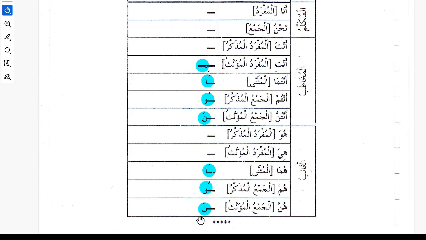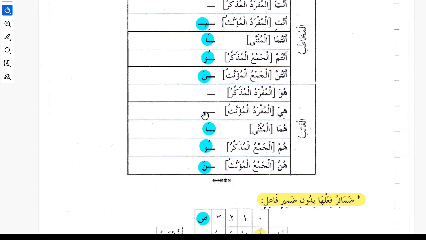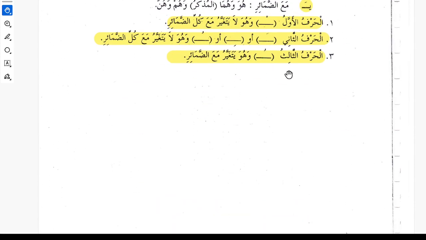So basically there are just four forms: ya, alif, waw, and noon. So now let's look at how the third letter changes with the pronouns.